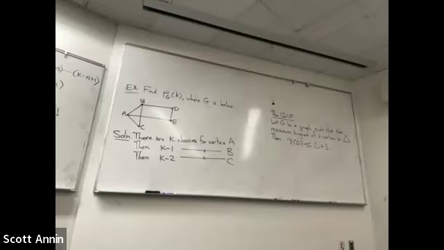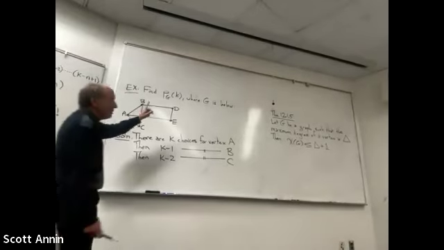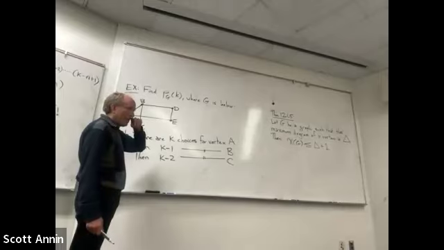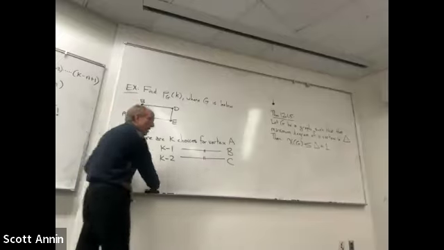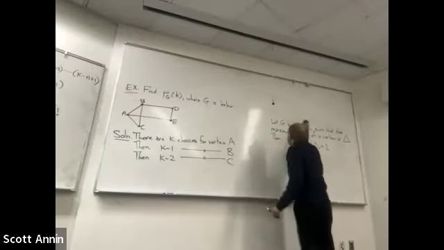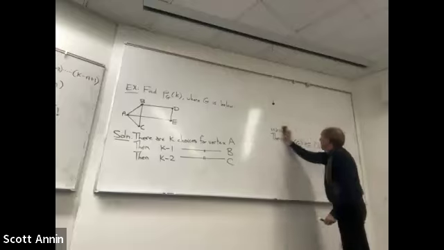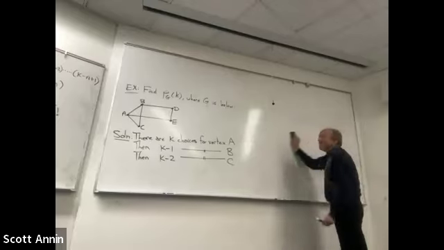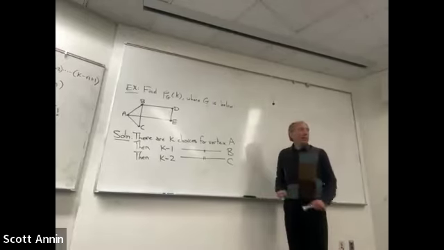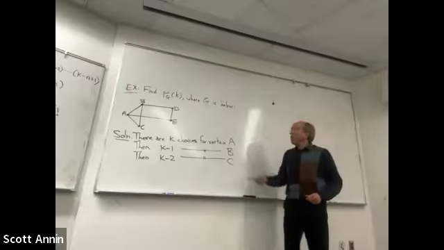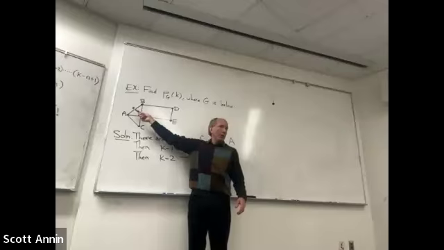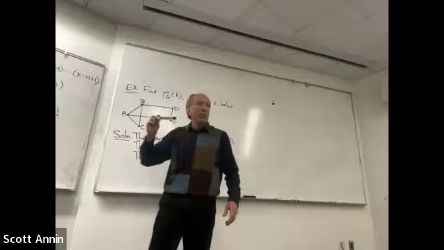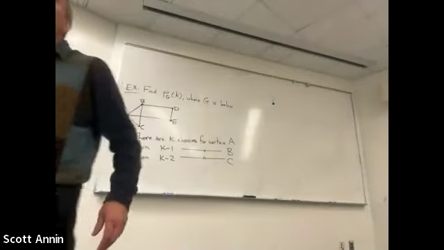And now we come to vertex D. This is where it gets tricky, guys. This is where we have to turn on our thinking cap a little bit. You might say it's easy: D can just be anything except what B was. Which is true, that would be K minus 1 choices, but there's a problem.